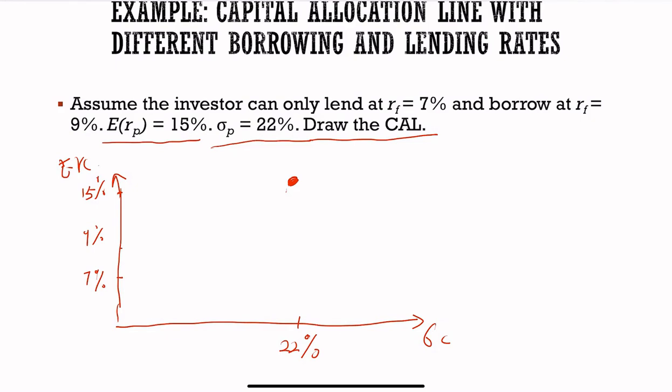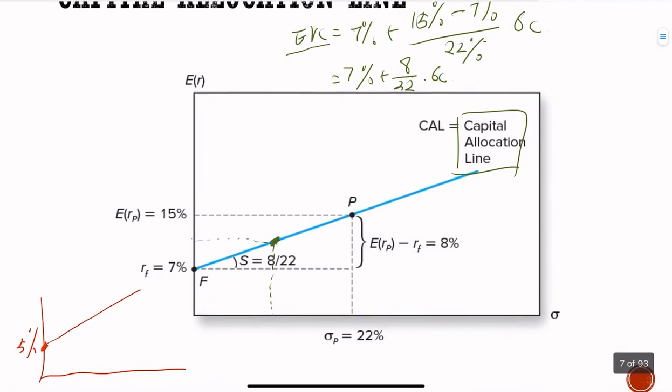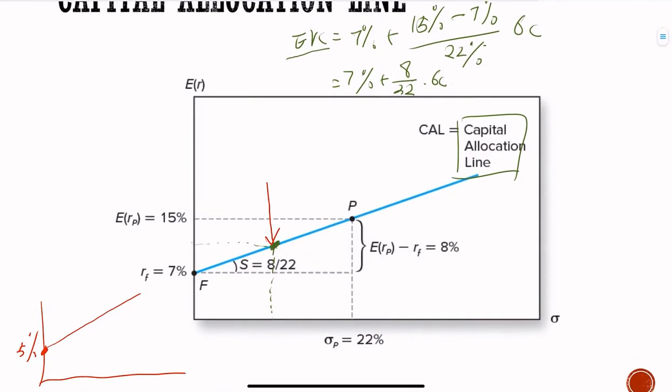So what does this mean here? Okay, think about this. Let's say you're here. What you're doing is investing 50% into the risk-free asset and 50% into this risky portfolio. So when you're investing 50% in the risk-free asset, it means that you're lending money, right? Now let's look at a different point.